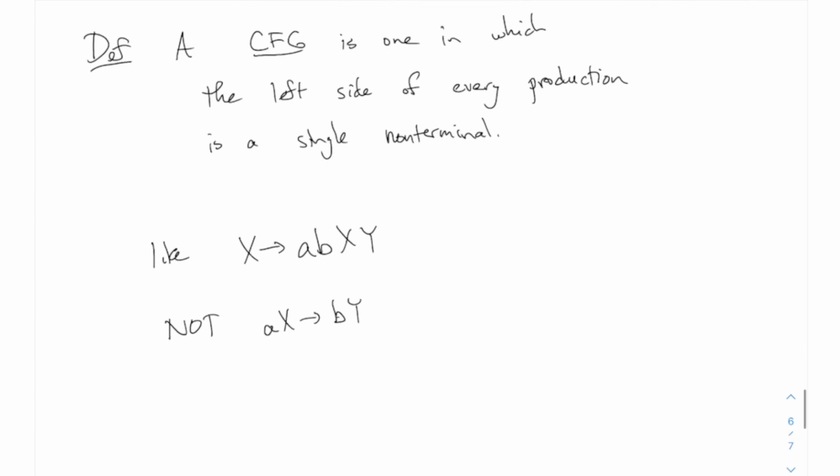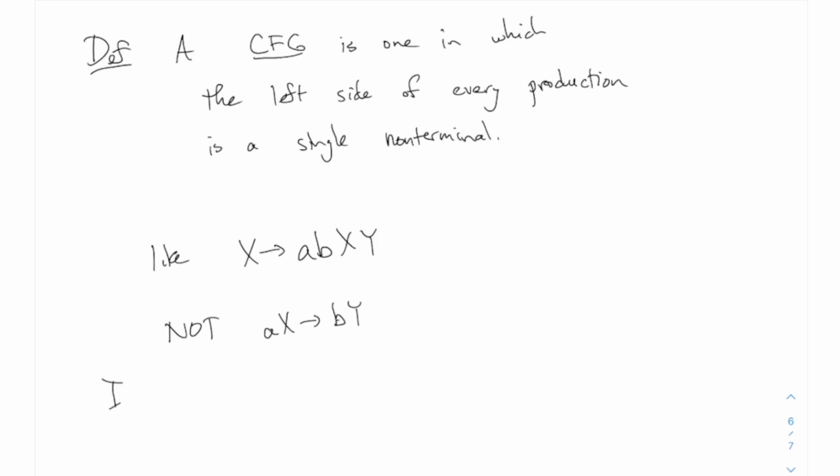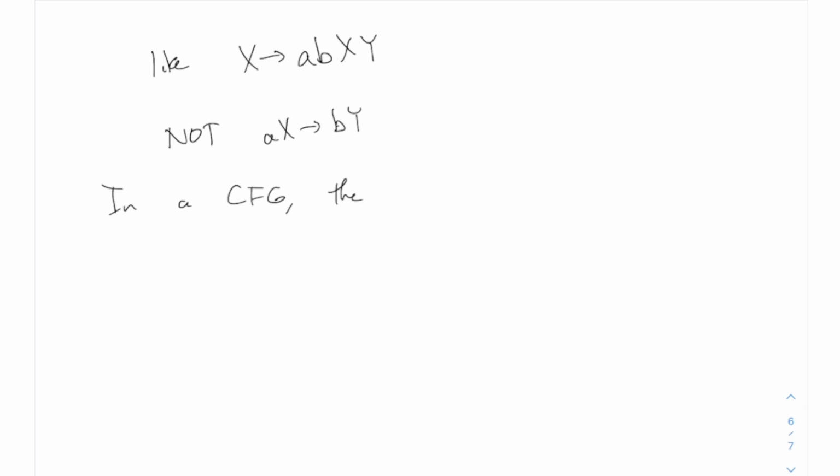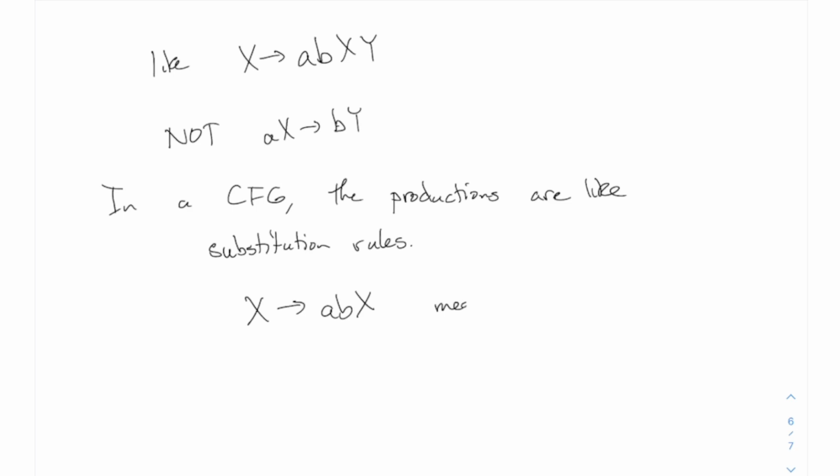But the idea behind a context-free grammar is that the productions behave like substitution rules. I mean, in all grammars, that's what the productions are like. The productions are like substitution rules. All right, so if I see something like X goes to abX, this means X can become abX, right?